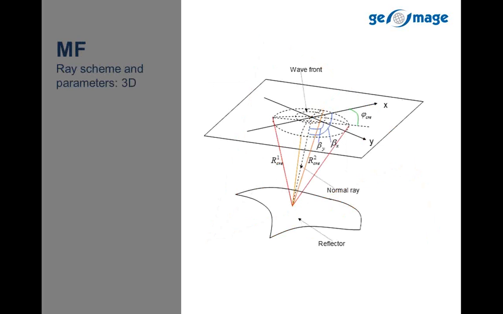In the 3D case, the situation is much more complicated, and instead of a circular approximation for the wavefronts, we have a 3D approximation, and the number of parameters increases from 3 to 8.